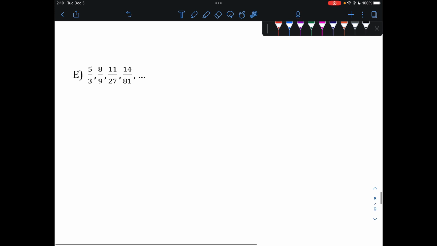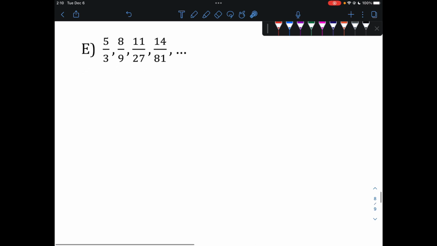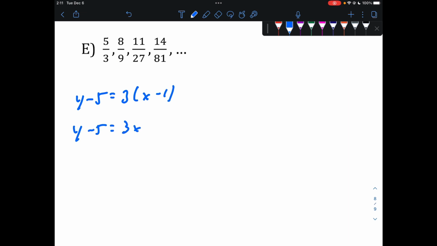Okay, our last one, E. The numerator is going up linearly, so let's do the numerator first. Okay, if I did y minus 5 equals, the slope is 3, x minus 1. So y minus 5 equals 3x minus 3, y equals 3x plus 2.